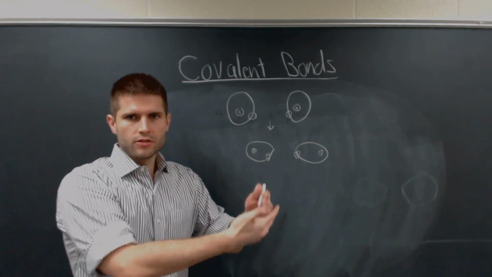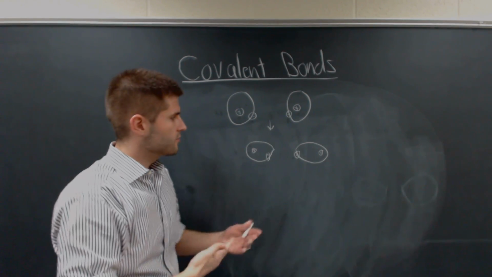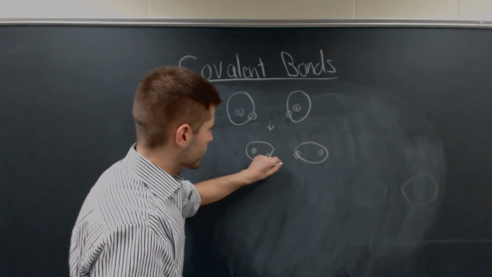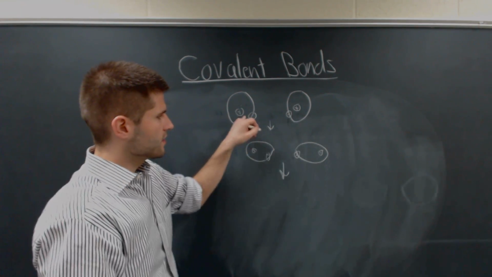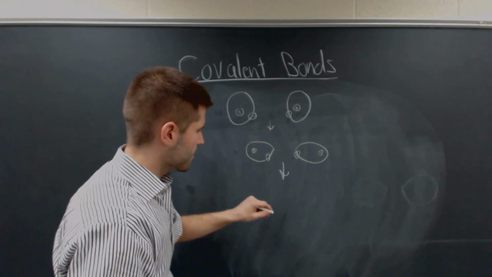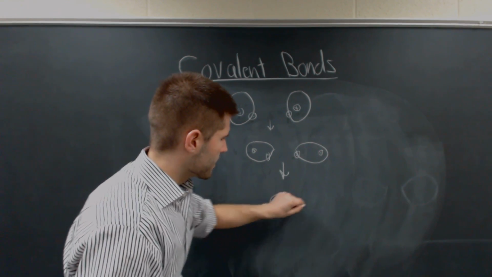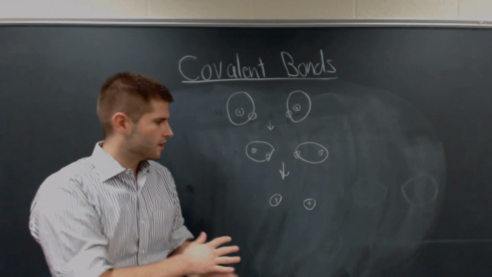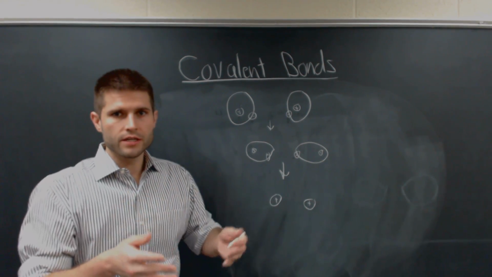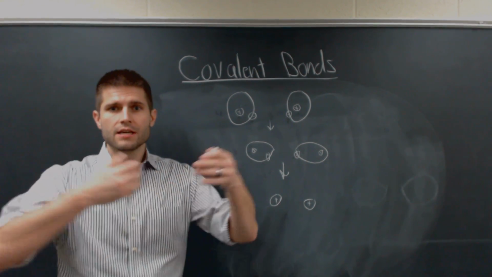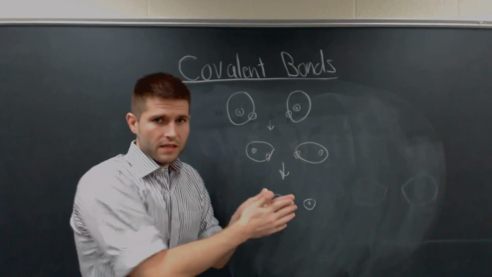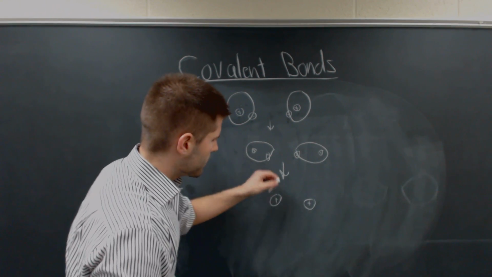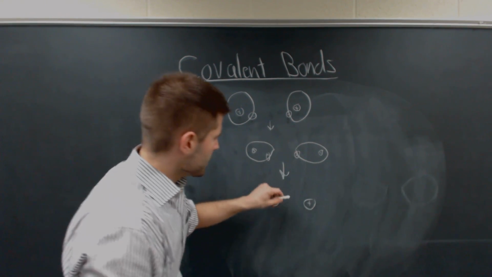As these things get closer and closer together, eventually we get an overlap of the two. So this is far apart, this is coming closer together, and then once they're really close together, we get the two positives, the two protons, at a certain distance apart, because we know that the same charges repel each other, so they won't overlap, but they will come close together, and then we'll get an overlapping of the electrons.